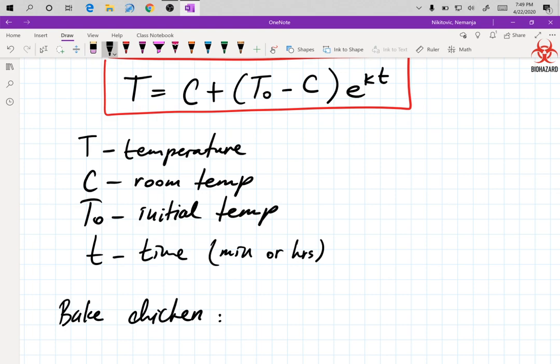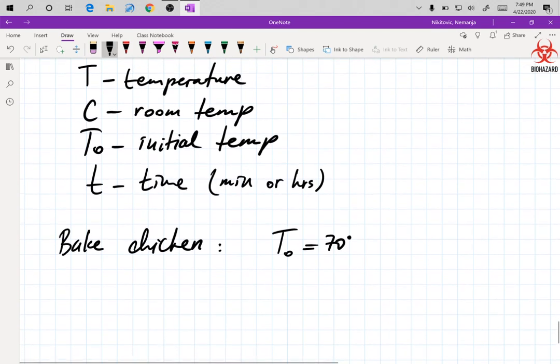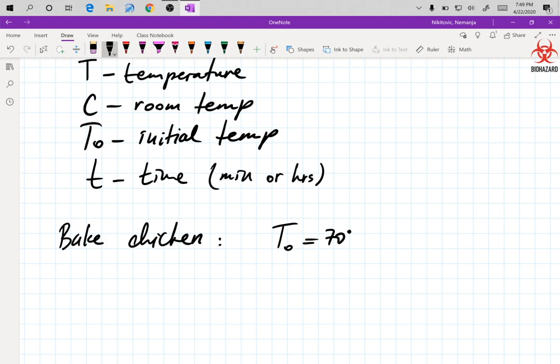To bake a chicken, we are going to have this chicken initially at 70 degrees because it was sitting on a counter. We are going to put the chicken in a room called the oven, and the room temperature there is 400 degrees. That's the room in which the chicken is going to be for some time.